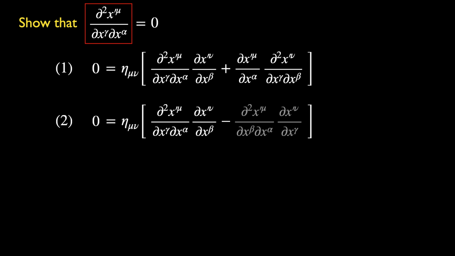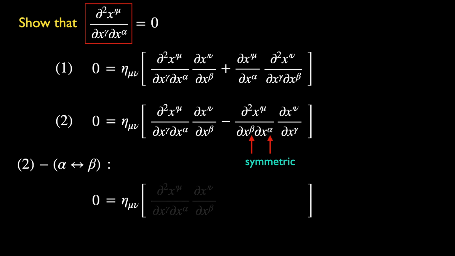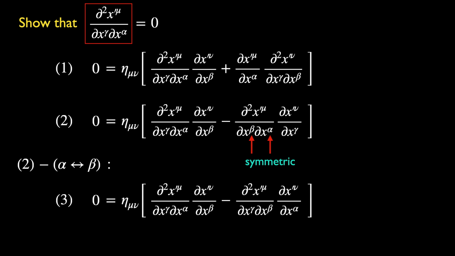But now we have gained a new term. Let's just press on. Now the second term in equation 2 is symmetric in the indices alpha and beta. Let's try and remove this term by using the same procedure. Which gives equation 3.